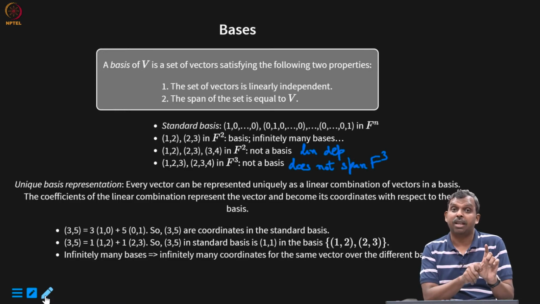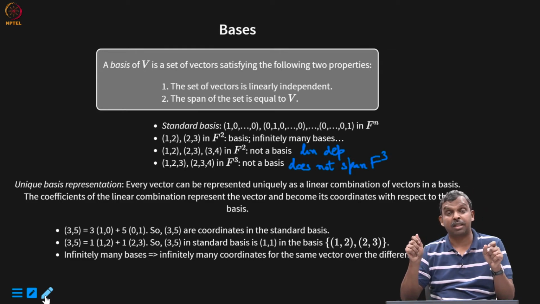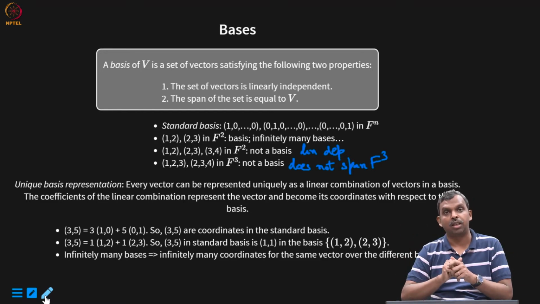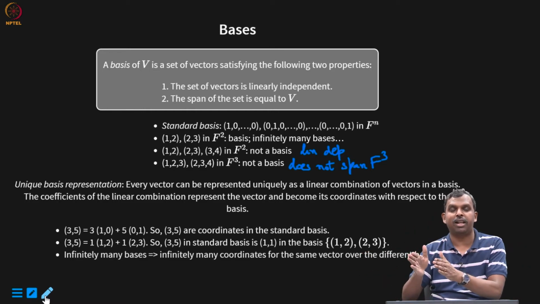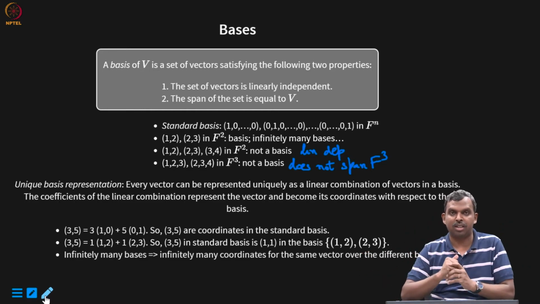What is unique about a basis is you can write it only in one way. Okay, so if you take any vector and express it as a linear combination of vectors in the basis, it is possible to do it uniquely, as in you can have only one possible linear combination that will give you the vector v. If you do another linear combination, you will get another vector. Okay, but for one particular vector, you will have only one linear combination which gives you that vector.